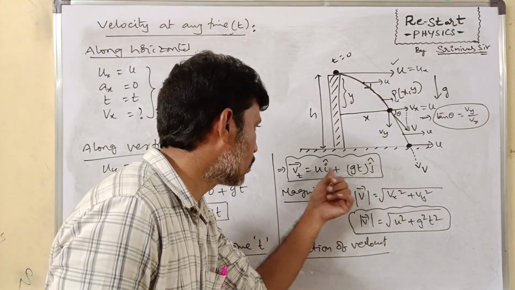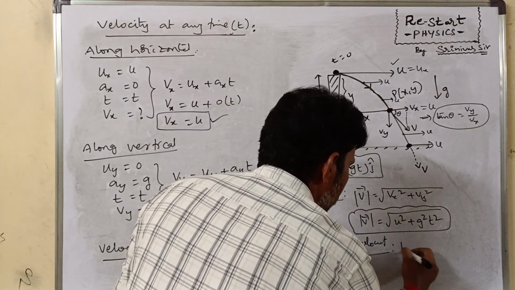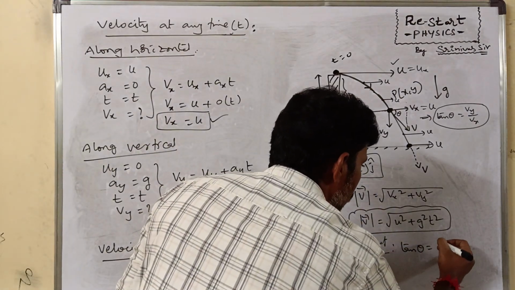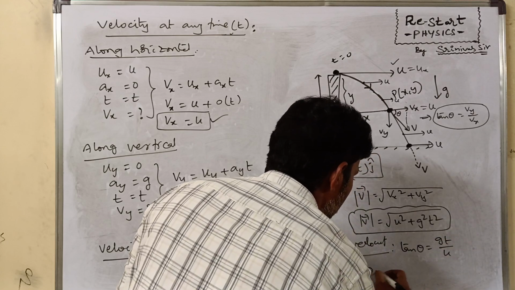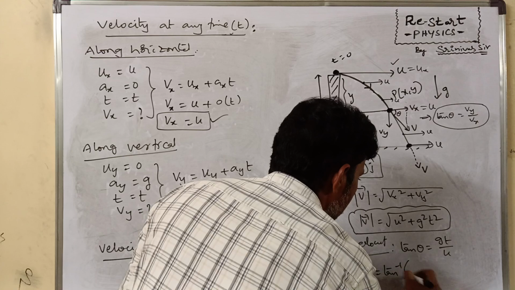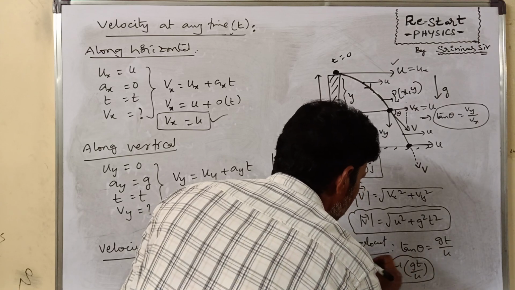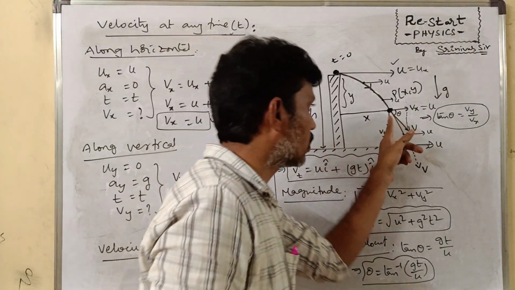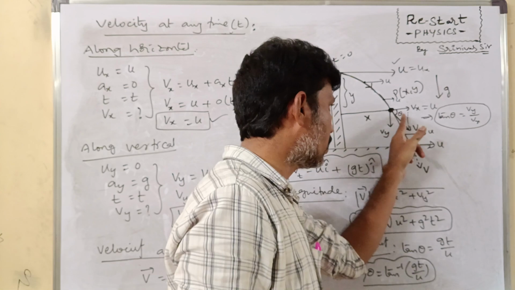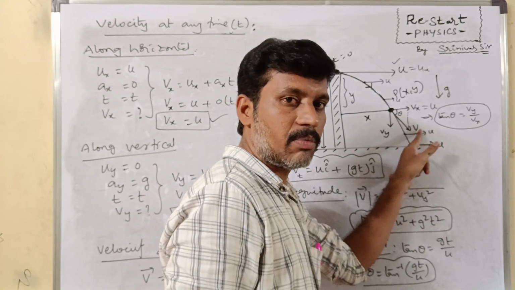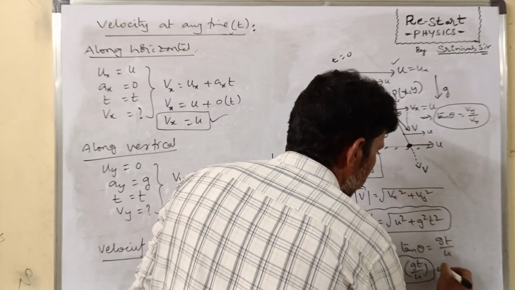Vy means this component, gt, am I right? So tan theta is equal to gt by u. From that, theta is equal to tan inverse of gt by u. This angle is with the horizontal, not with the vertical. Theta is the angle made by the velocity with the horizontal.